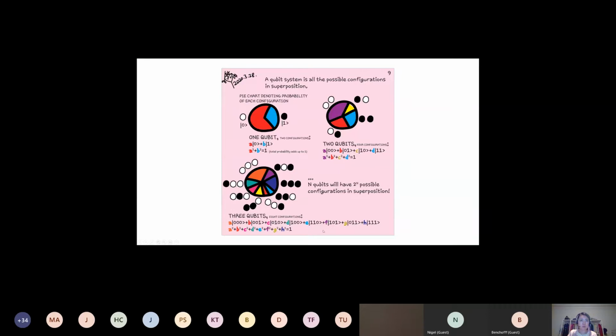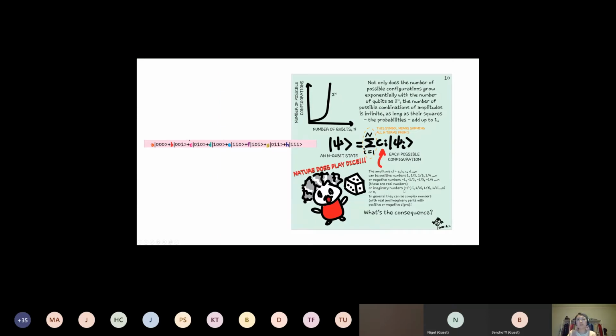As you grow the number of qubits, the possible states that could be in your system grows. When you have lots of qubits, you would not just keep writing all the outcomes. You would use a summation to say that I will sum up all of the possible configurations in my system, each of them with an amplitude.